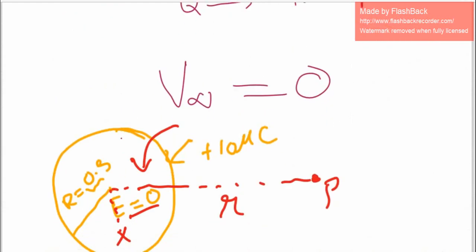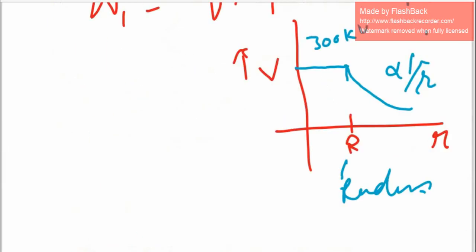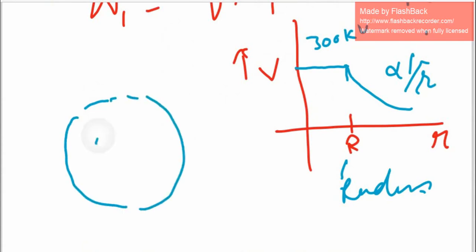If we have a point charge, these surfaces are concentric spheres. These surfaces have equal potential. That's why these surfaces are called equipotential surfaces.